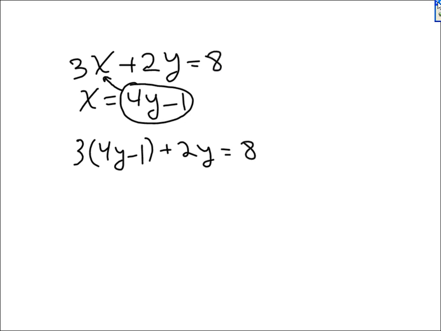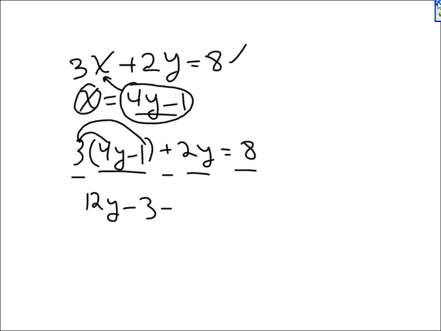When I see this, I can say x. 3x plus 2y equals 8. Yep, that's exactly the first line. Distributing gives us 12y minus 3 plus 2y is 8.